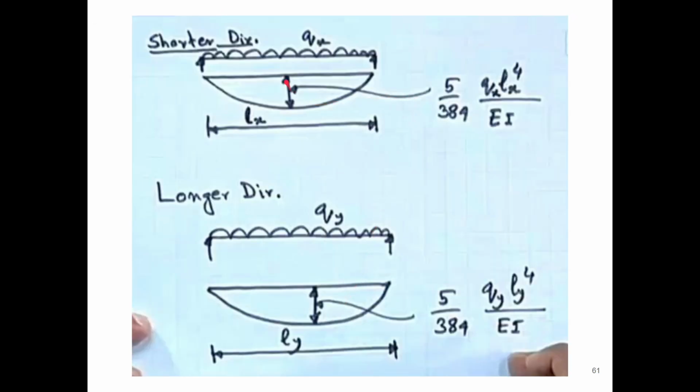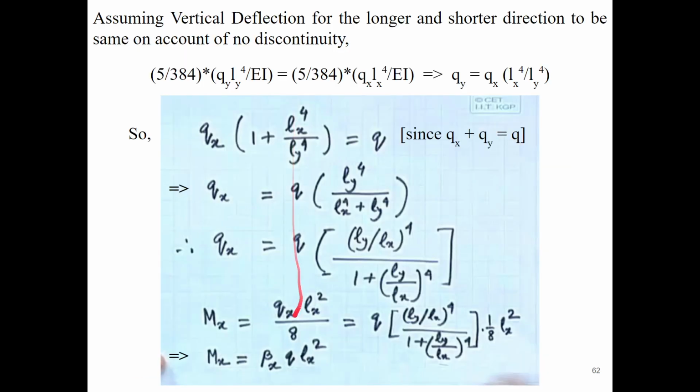So Mx will be, as we know, WL square by 8, the maximum moment here. So it will be Qx Lx square by 8, where W is Qx and L is Lx. Qx is equal to Q into (Ly by Lx) to the power 4 by 1 plus (Ly by Lx) to the power 4, and into 1 by 8 into Lx square.